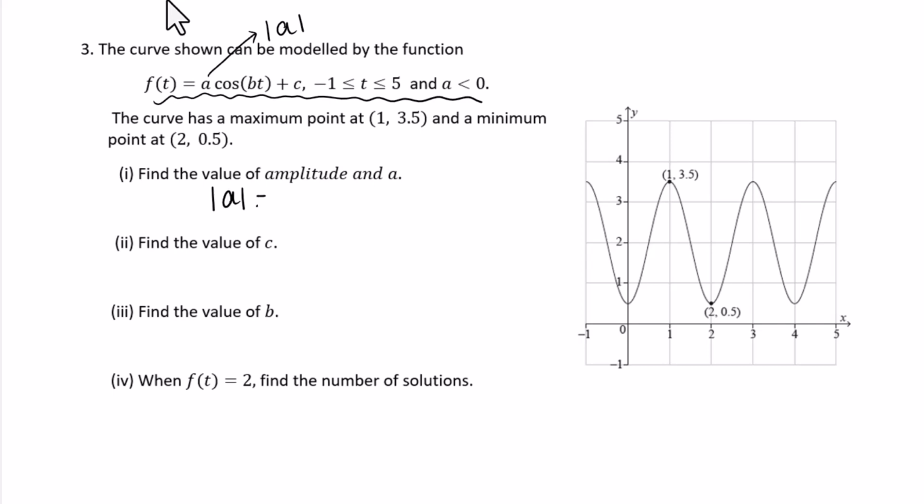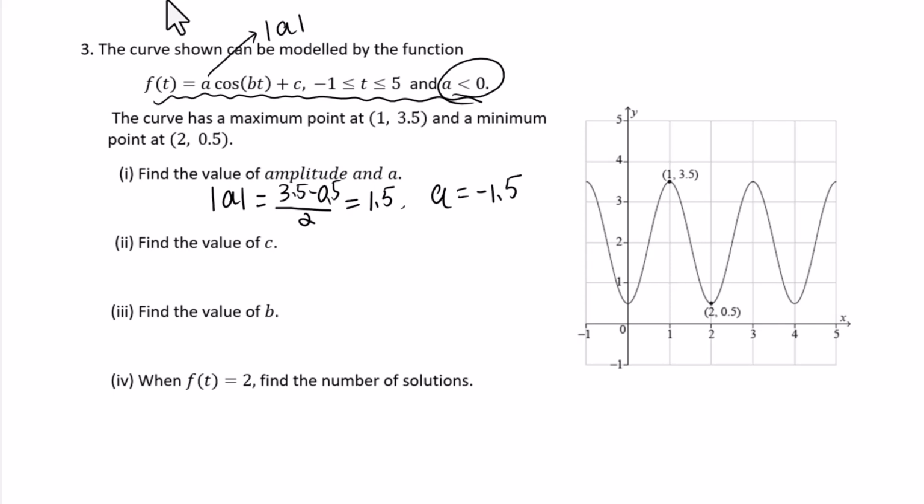So amplitude equals 3.5 minus 0.5 over 2 equals 1.5. Since A is negative, A equals negative 1.5.